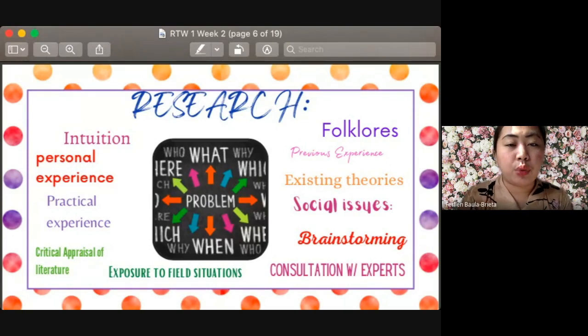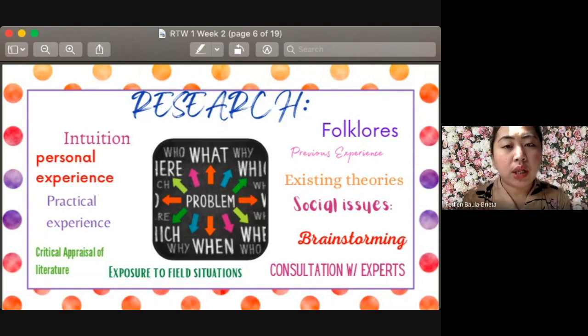In other words, a research problem is an area of concern where there is a gap in the existing body of knowledge. So it is important that you identify the research problem that you want to work on, and that is the very first step that you need to do at this period.